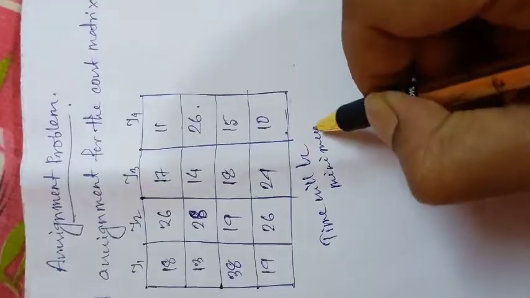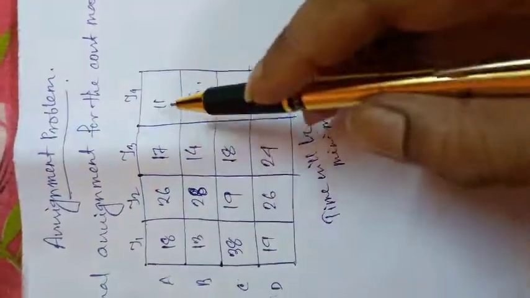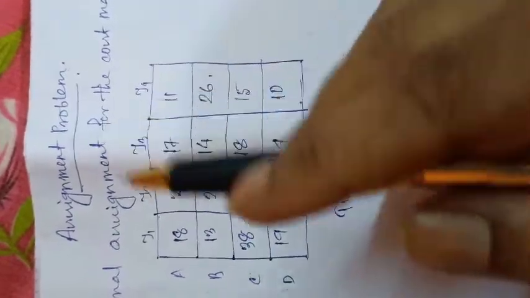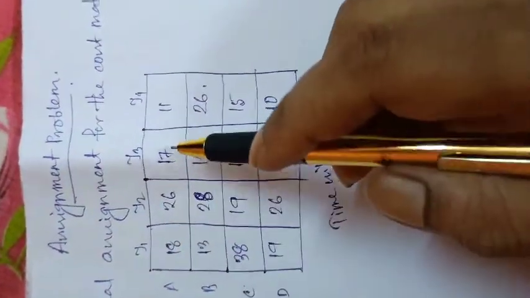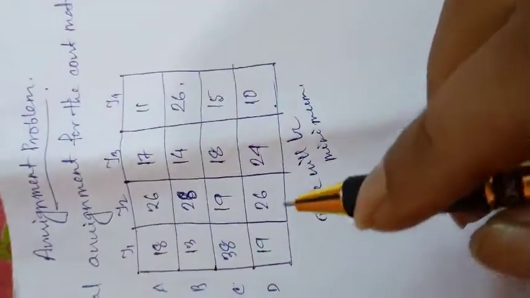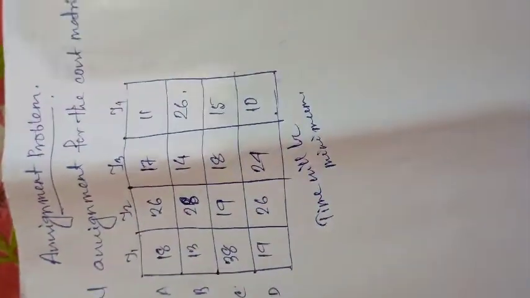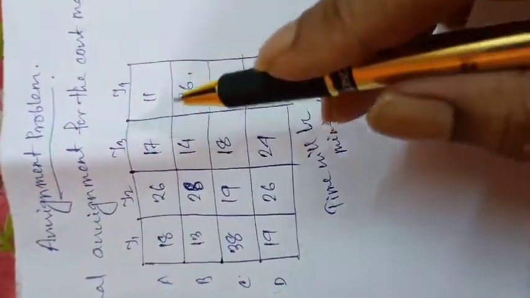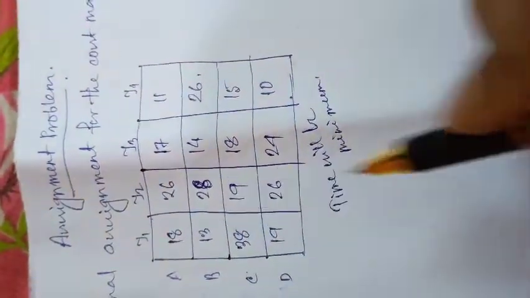And also we have to assign the most efficient people A, B, C, D to the 4 jobs J1, J2, J3 and J4, so that it will totally take the minimum time. So now let us try to solve how to find the optimal assignment for this problem.